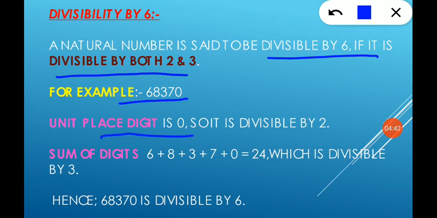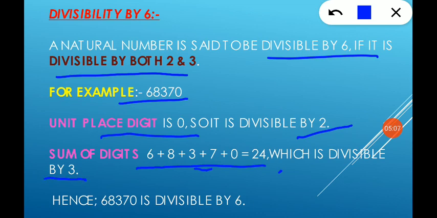The unit place digit is 0, and hence it is divisible by 2. For 3, what do we have to do? Yes, we have to sum all the digits. 6 plus 8 plus 3 plus 7 plus 0 comes to 24, and 24 is divisible by 3.